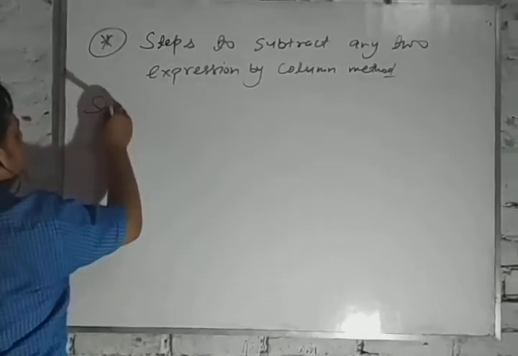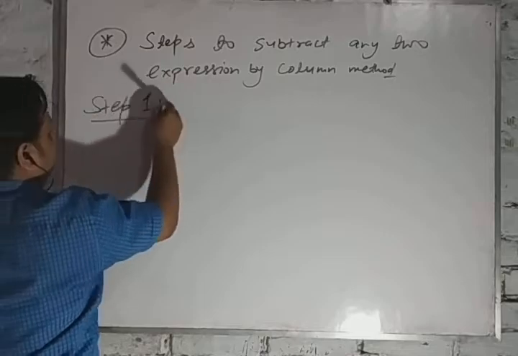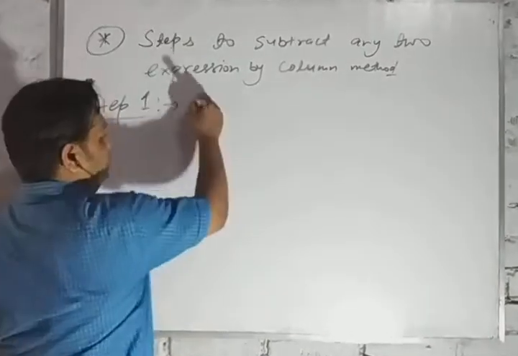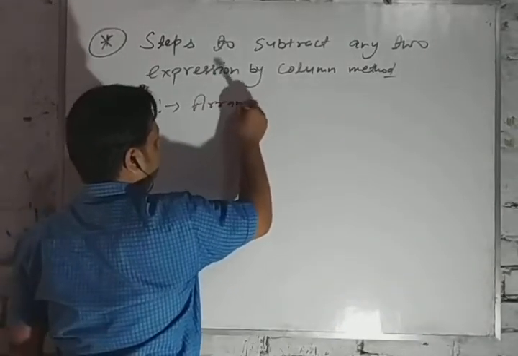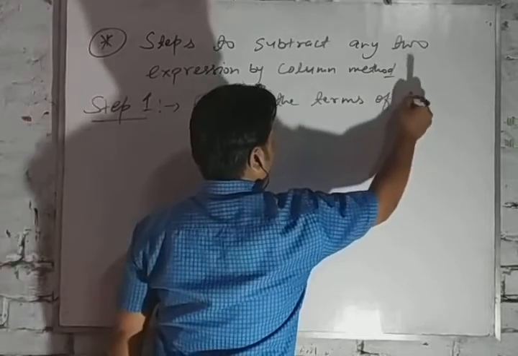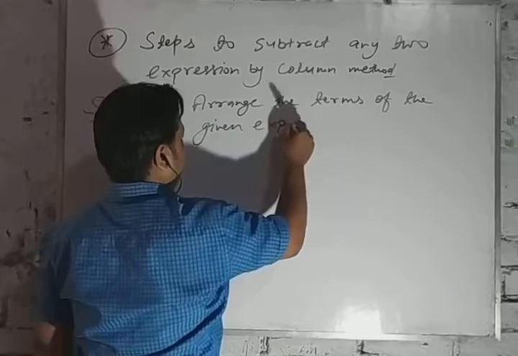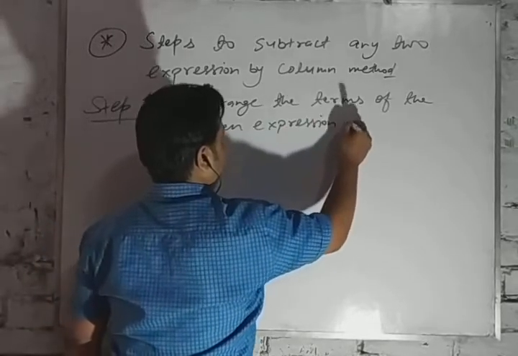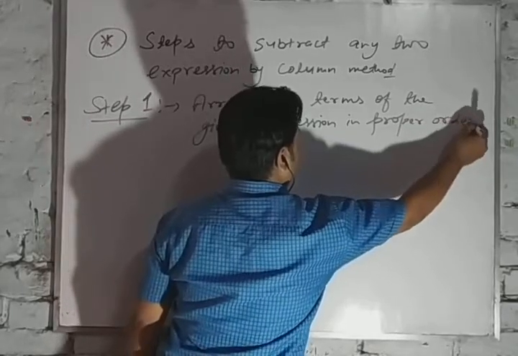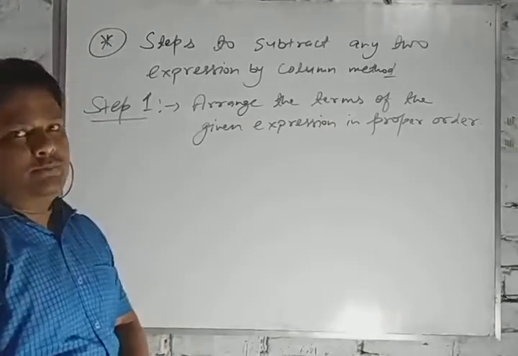Now the first step is, at first arrange the terms of the given expression in proper order. Proper order means descending to ascending exponent line.